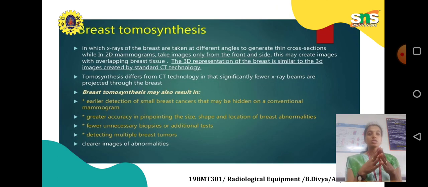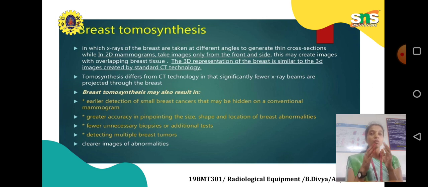Next, breast tomosynthesis. What is breast tomosynthesis? In this, X-rays of the breast are taken at different angles to generate thin cross sections within a two-dimensional mammogram.